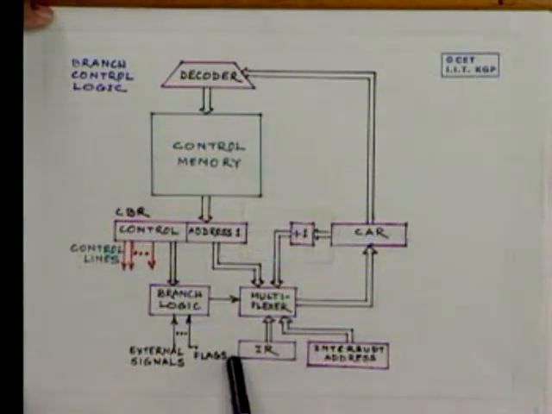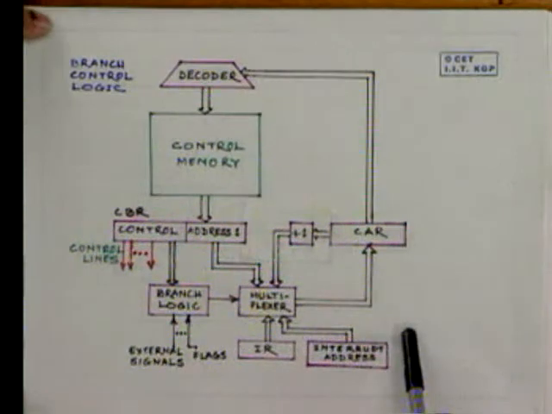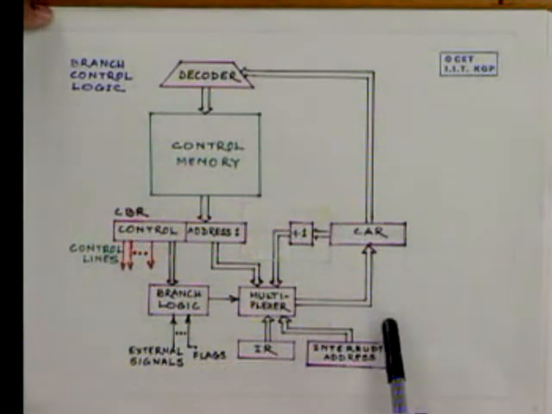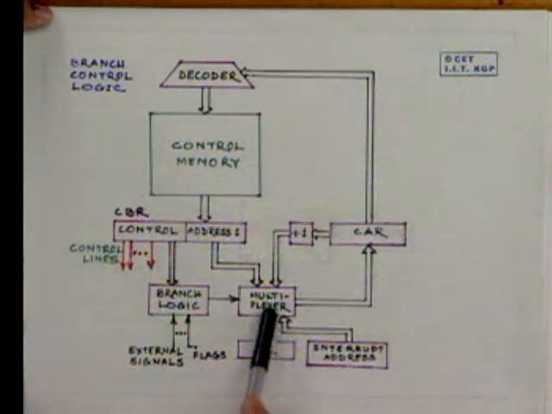Instruction register's content also comes as an input of the multiplexer, and that interrupt address, in the case the control unit has to handle an interrupt, also comes into that multiplexer.